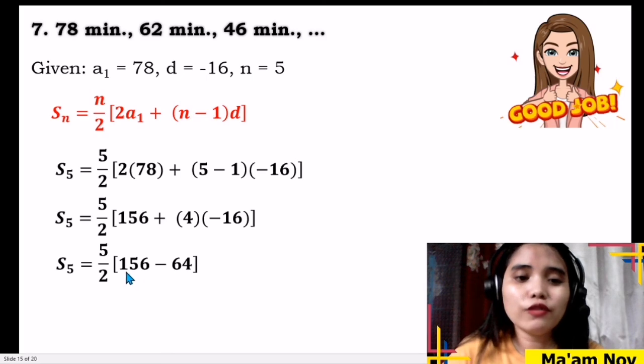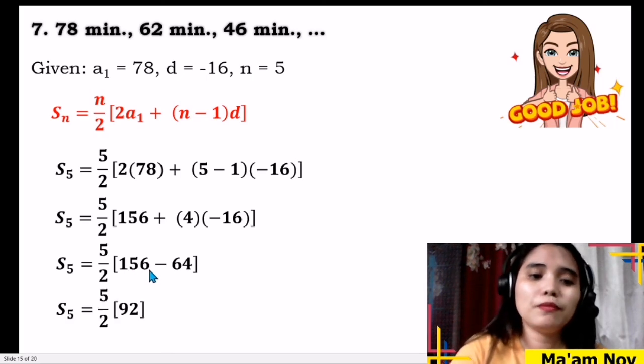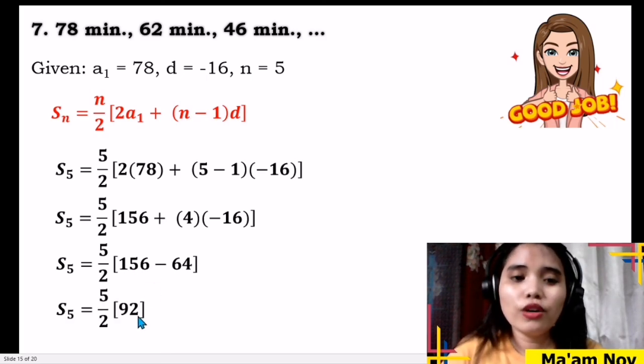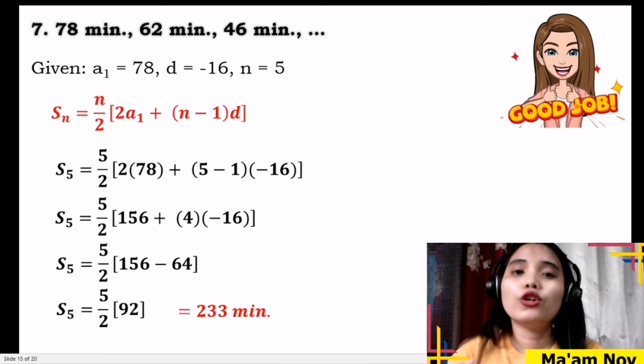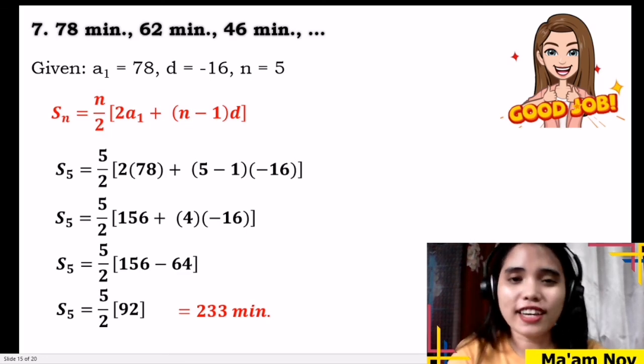So we have 156 minus 64, which is equal to 92. And 92 times 5 divided by 2 is 233. So it takes 233 minutes to finish the road test of 5 motorcycles.